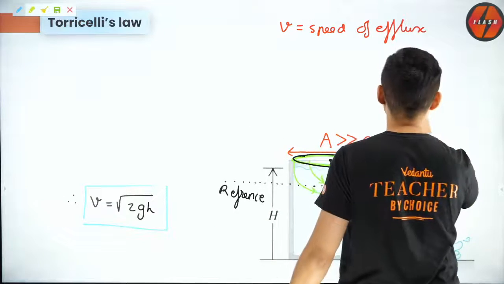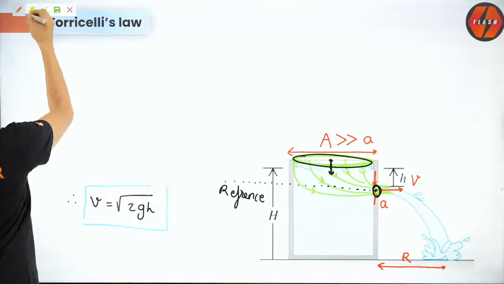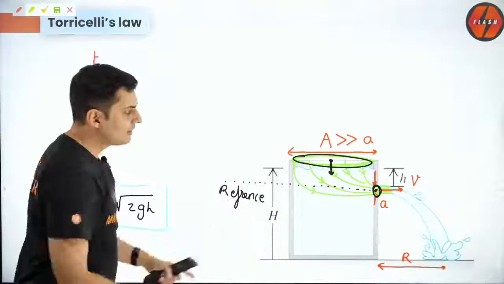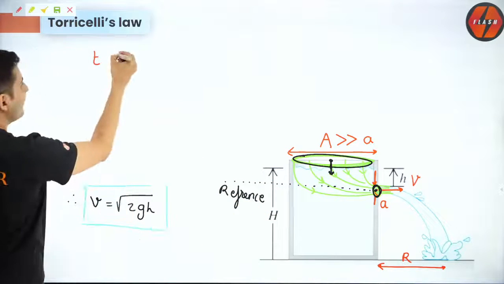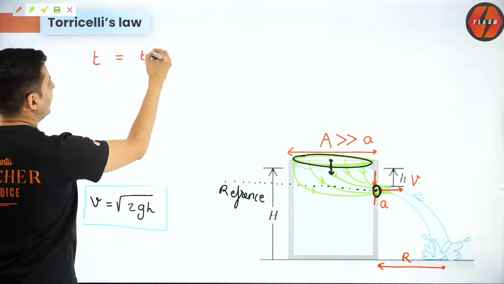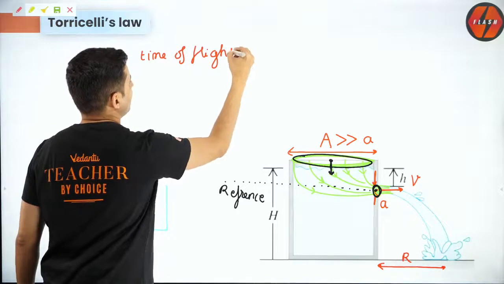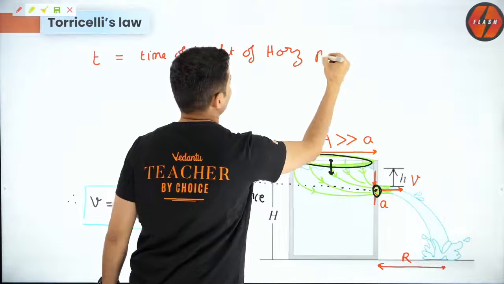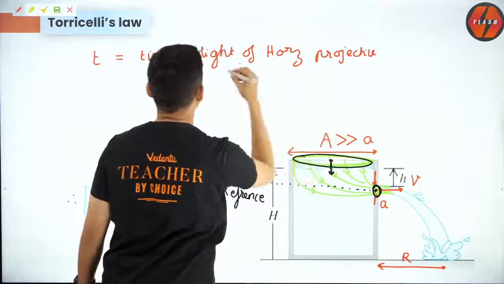So the next part of the problem will be, how much time will it take to fall down? Doesn't it look like a horizontal projectile problem? So this t should be the time of flight of a horizontal projectile from a hill.